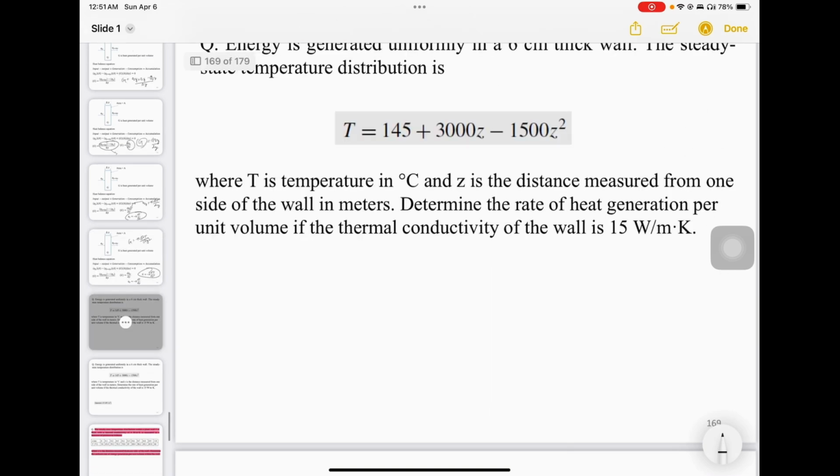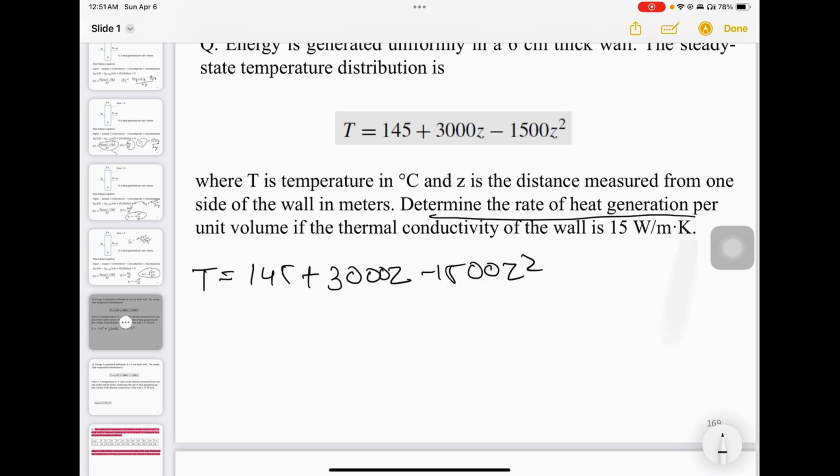Now, coming back to our question, we have temperature distribution as T equals 145 plus 3000 Z minus 1500 Z square, and we have to determine the heat generated per unit volume.